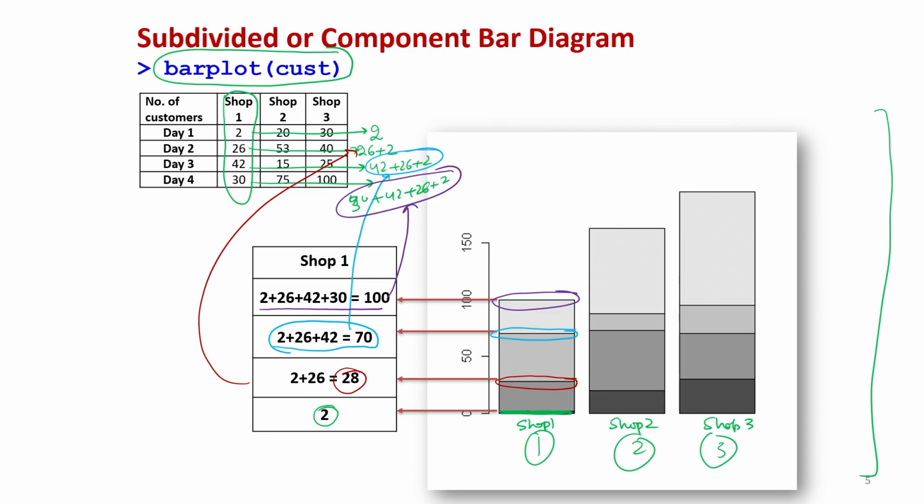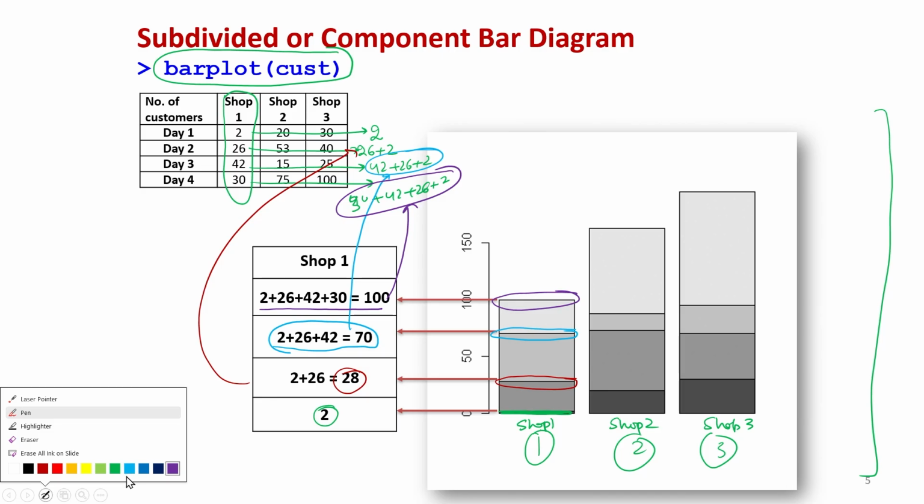So you have an advantage that it's not only shops, you can also compare and get the information on how many people visited these shops on particular days, and by considering the subdivisions you can get this information very clearly.